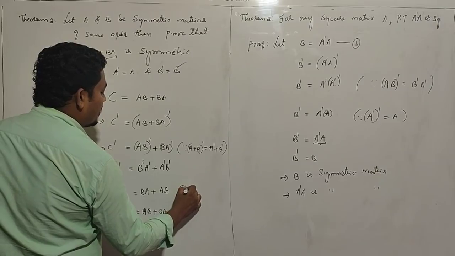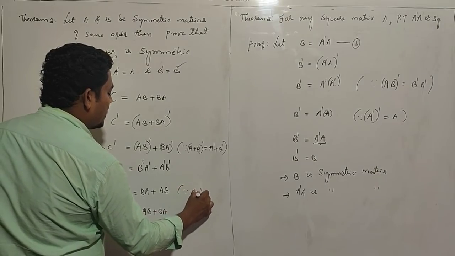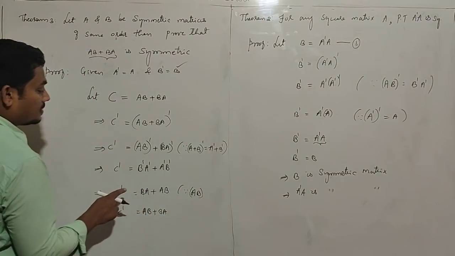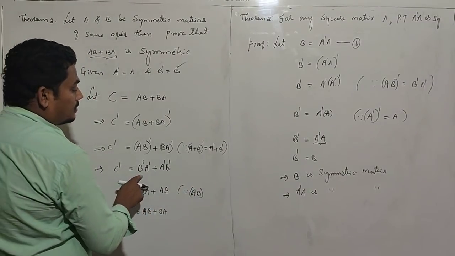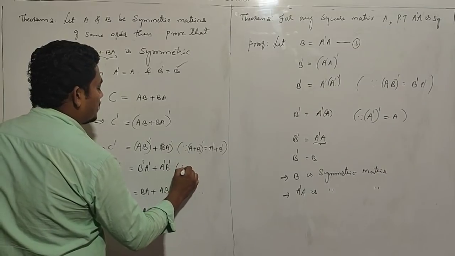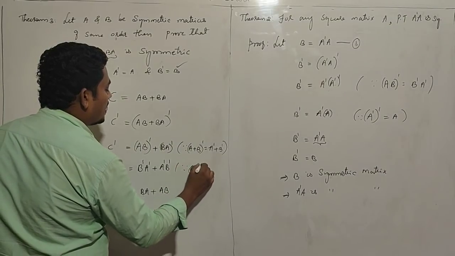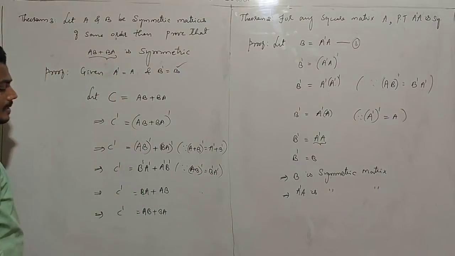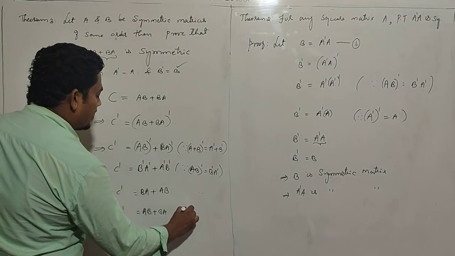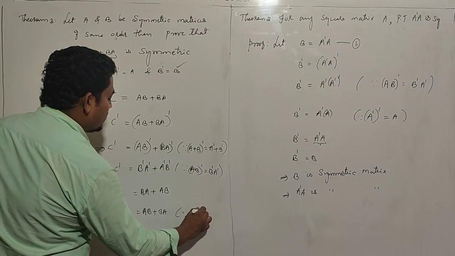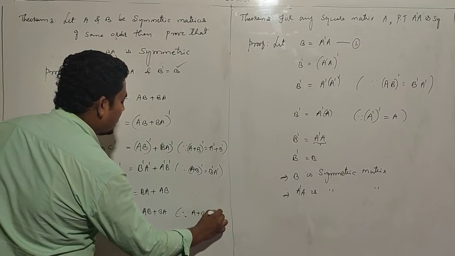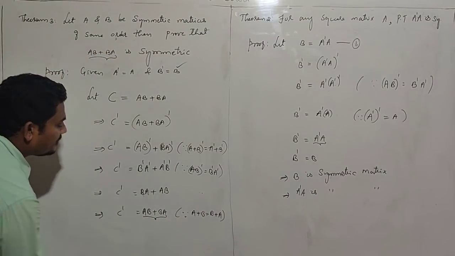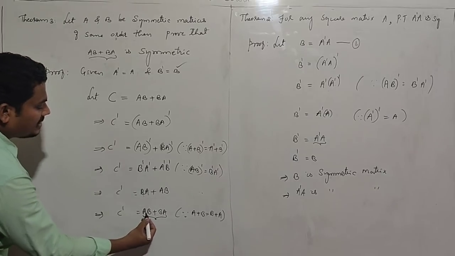It is because of A into B whole transpose equal to B transpose into A transpose property. Here, why? Because A plus B is same as B plus A. So now look at AB plus BA. Now look at page number 1.